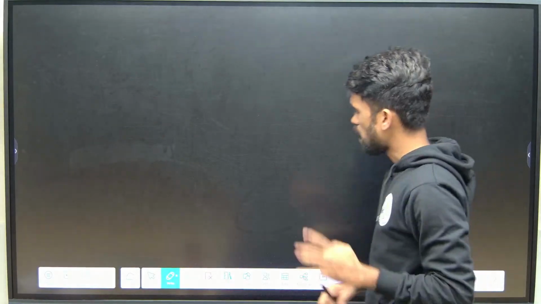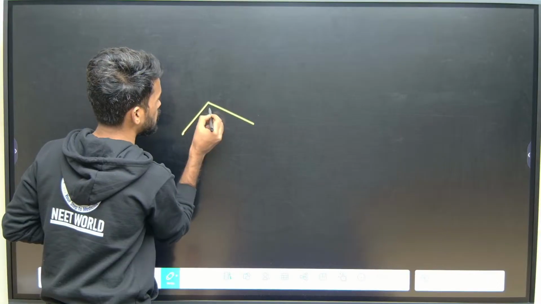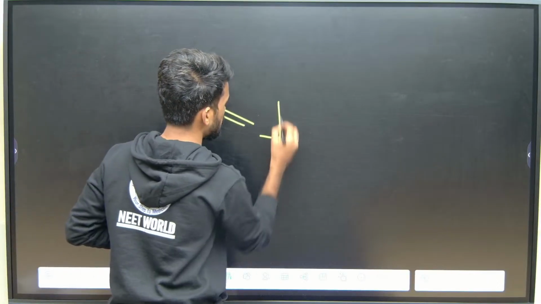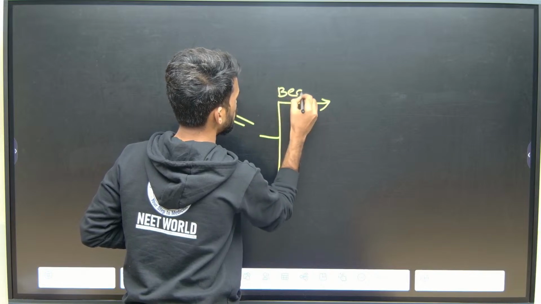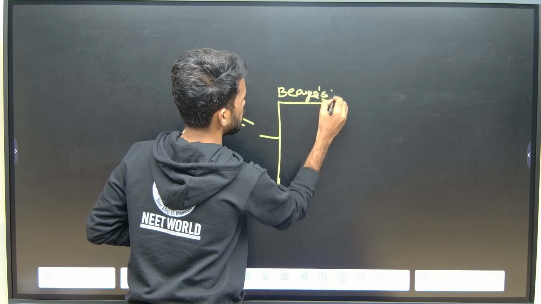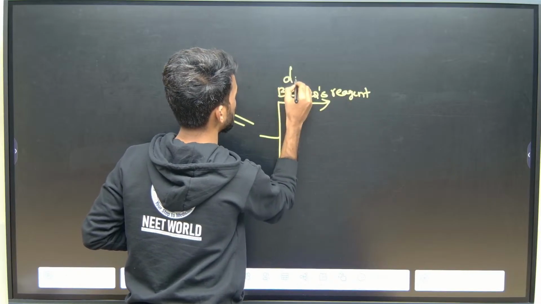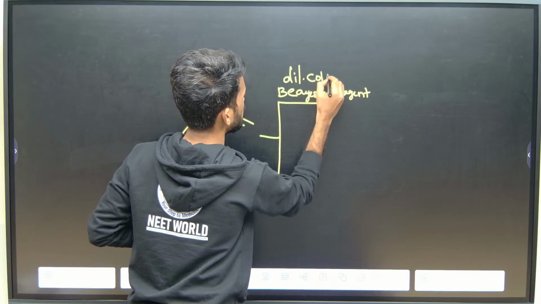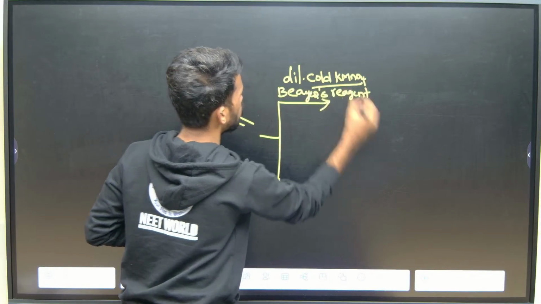And next, I will tell you some simple ways to remember some reactions. Whenever there is an alkene and they ask you to treat it with Baeyer's reagent, they may also say dilute cold KMnO4, or cold dilute KMnO4.